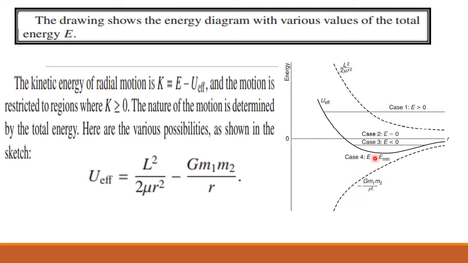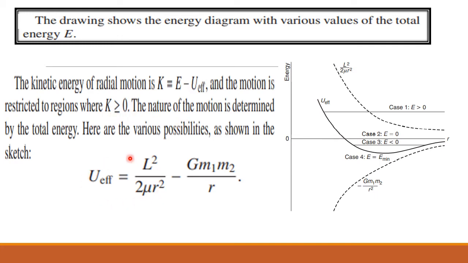We have considered 4 cases: E greater than 0, E equal to 0, E less than 0 and E equal to E minimum. The kinetic energy is defined by K equal to E minus U effective. So our motion is always restricted to the region where K is greater than or equal to 0. K can never be negative.